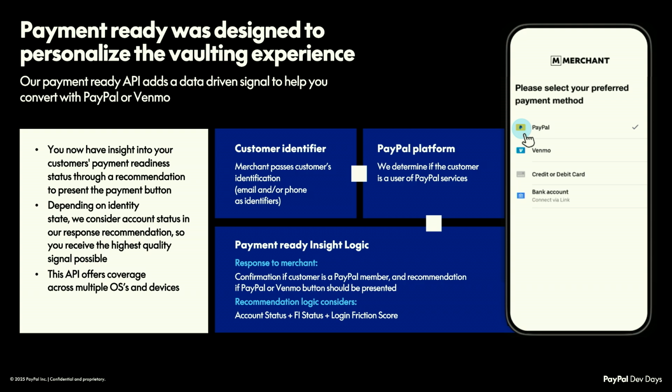The power of the Payment Ready API is that just by passing us an identifier, we are able to help you recommend one of the buttons. You know which button to present and which will have a higher likelihood of success. So that's the power of the Payment Ready API, where you're reducing the number of options that you need to present upfront by just presenting the highest converting option upfront. So that's one way that we've reinvented the space.